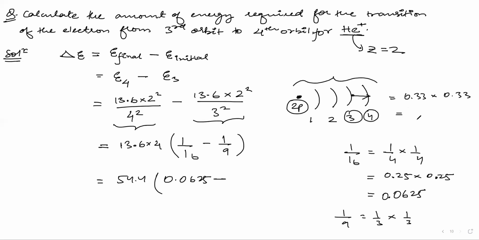This will be equal to 0.1089. If you add one more 3, it will increase. So it is approximately equal to 0.111. Okay, 0.11.